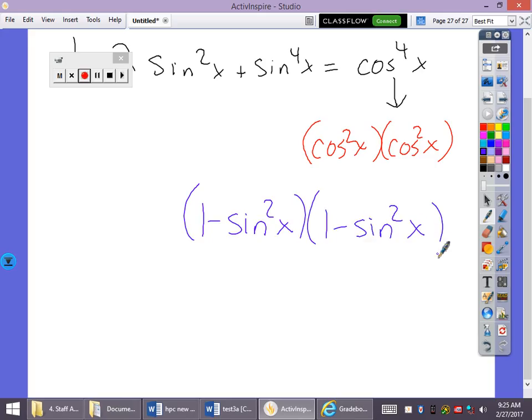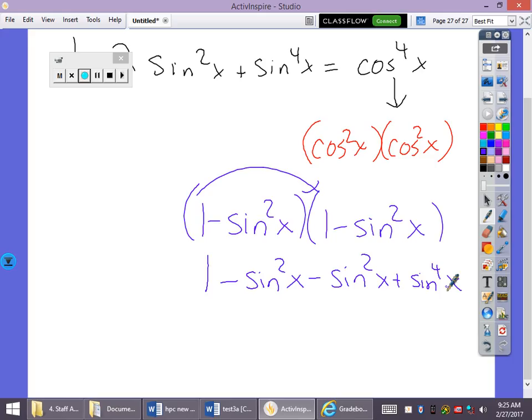So I can just double distribute or FOIL. 1 times 1 is 1, minus sine squared x, minus sine squared x, plus sine to the fourth power x. What can I do now? Combine like terms: 1 minus 2 sine squared x plus sine to the fourth x. Is that my goal? Yes, problem done.